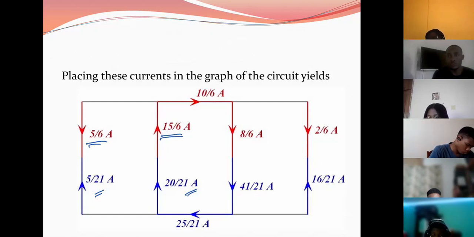And from the graph, we can now determine the currents through each component. All right, and that's where we're going to end it for today. We're just going to determine the current through each component.